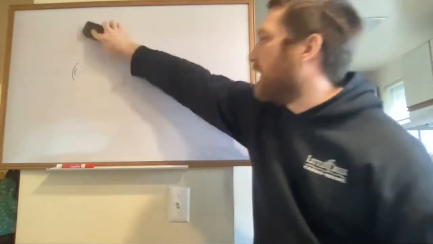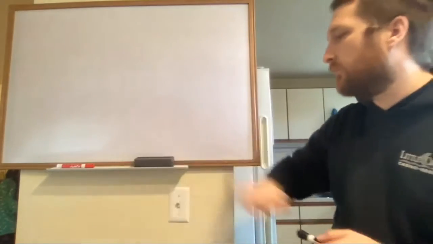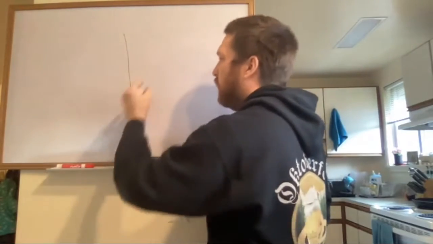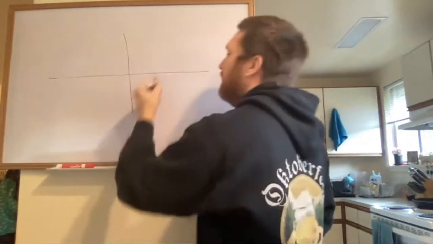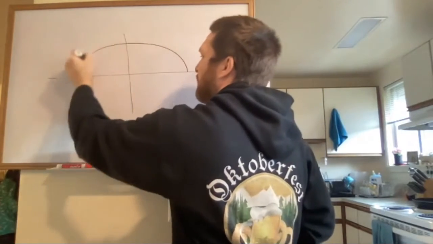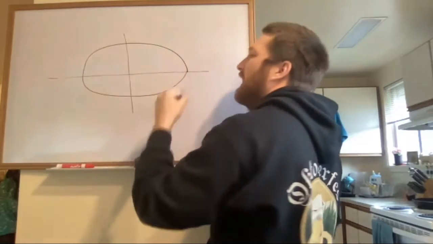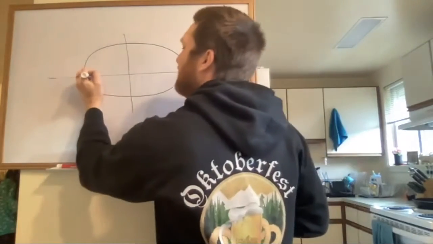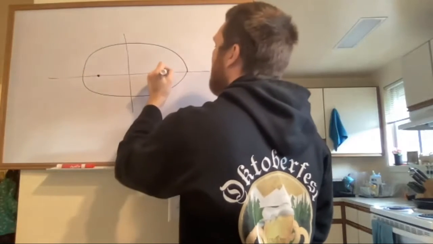Now, okay, when we're going to get into this, just don't worry too much about what I'm drawing right now. If I were to draw an ellipse right here, it has a certain formula, which we're going to get into in just a minute. There is a way of finding where those two foci occur.